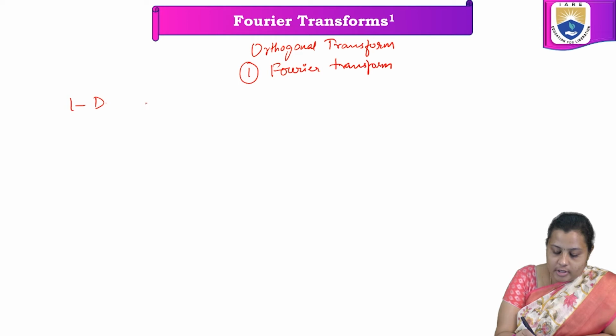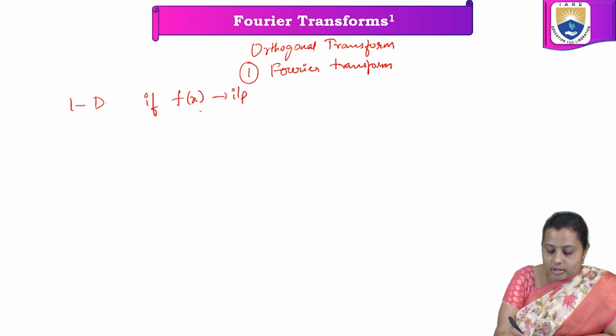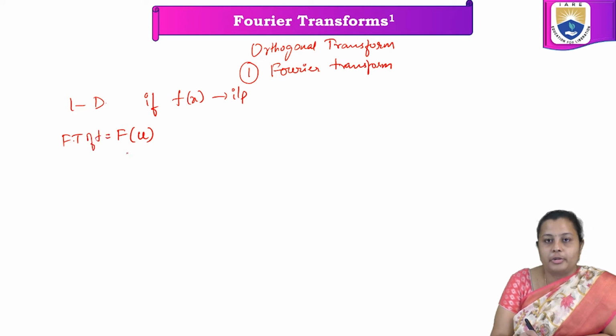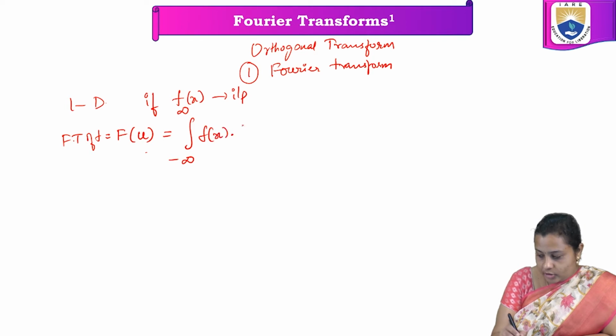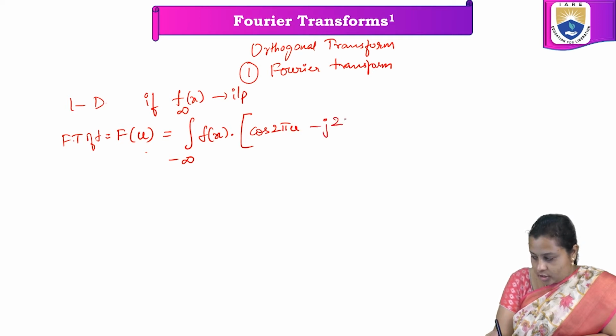If f of x is my input, then my Fourier transform of f is represented as F of u, which is given by the integration from minus infinity to infinity of f of x into cos 2 pi ux minus j sin 2 pi ux dx.